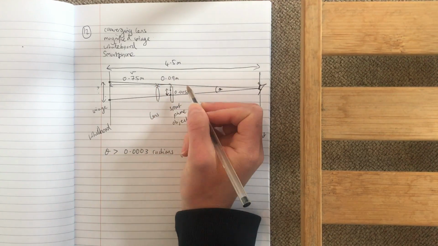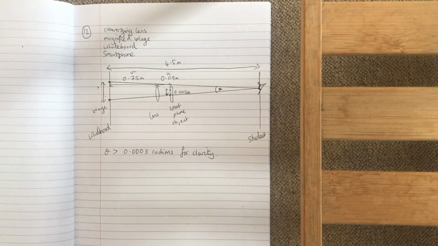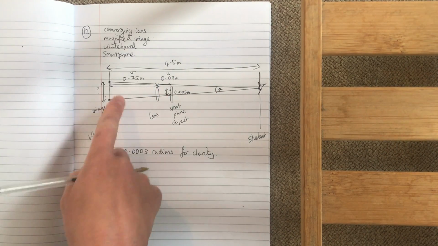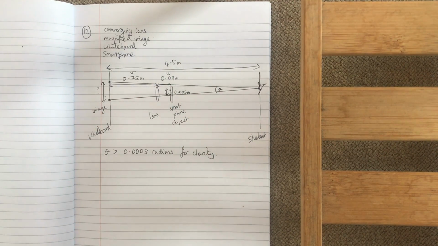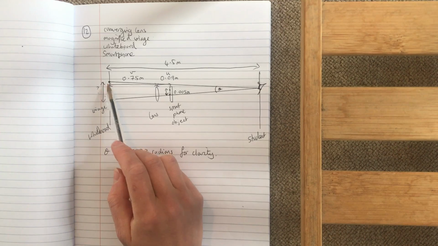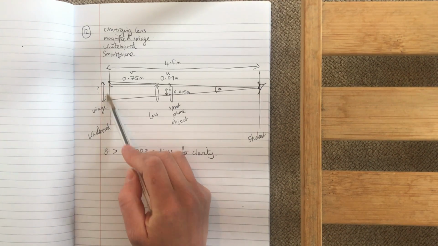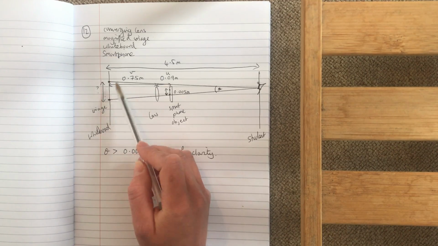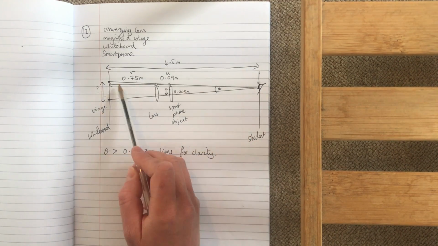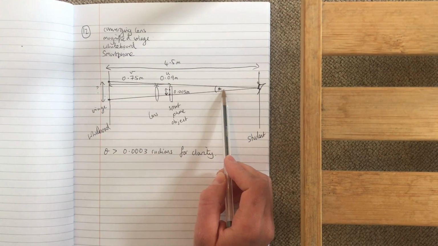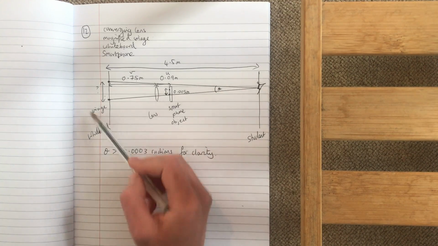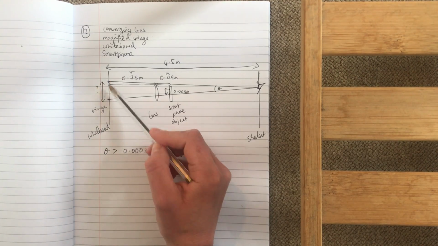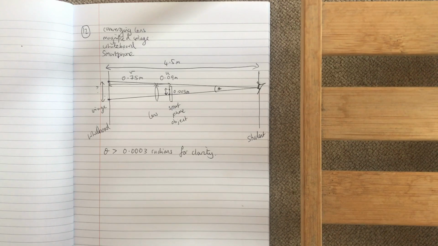So the distance from the lens to the smartphone is U. So we have V and we have U. Now what we want to get to is to work out this distance here between these two dots on the whiteboard screen. Because if we have this distance and we know this distance, then you should be able to think, well, trigonometry is going to allow me to work out this angle. So our objective is to get this distance between these two dots on the whiteboard screen first.